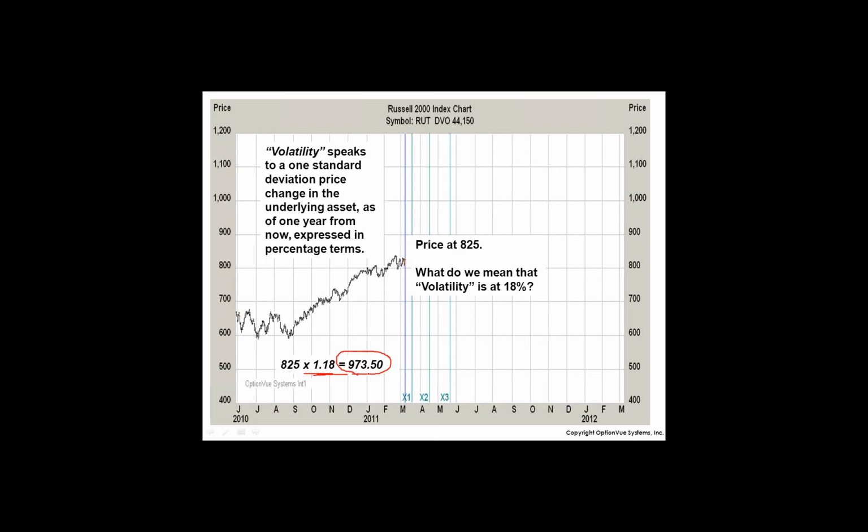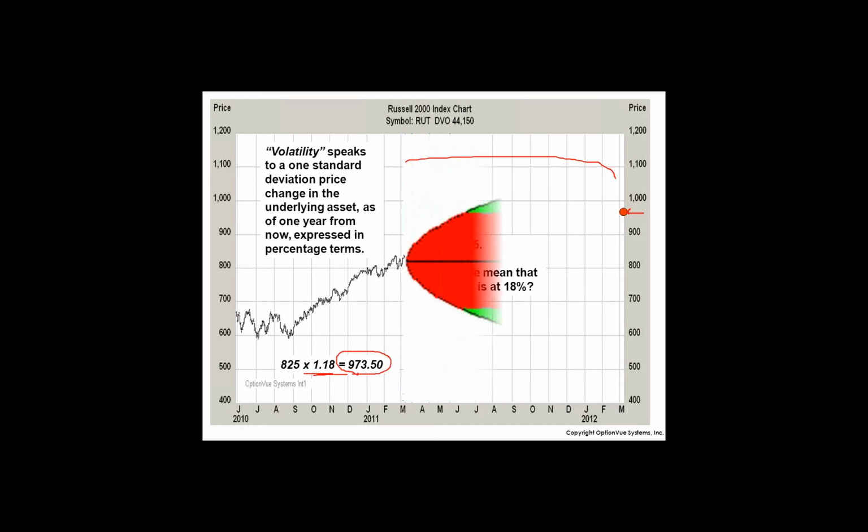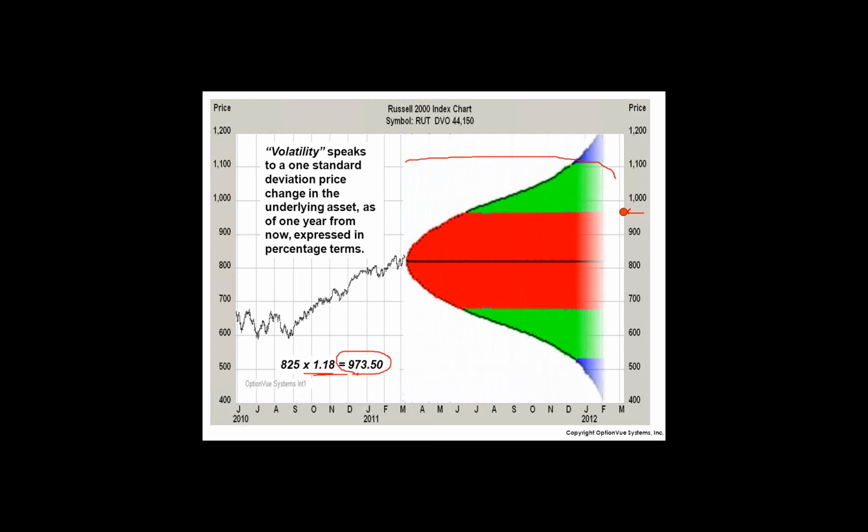That's as of 1 year from now. So we're going to go out 1 year, and there it is right there, 973.5. When we draw our bell curve going out into the future, this is what we mean. This is the distribution of prices if volatility is at 18% and the price is at 825. That's just a little backdrop in case you didn't know what volatility meant.